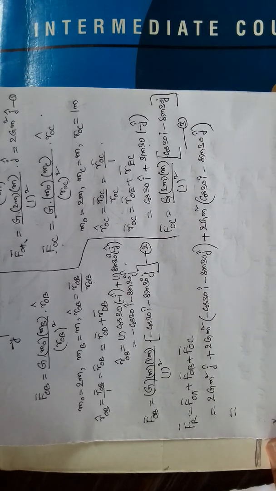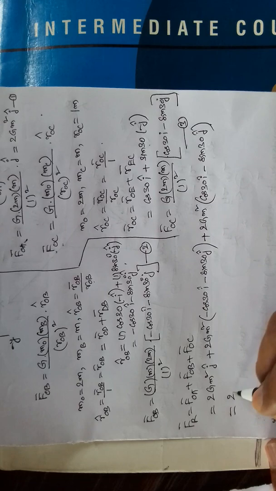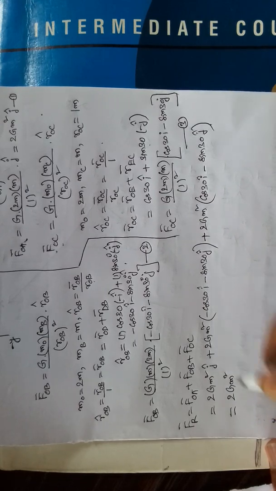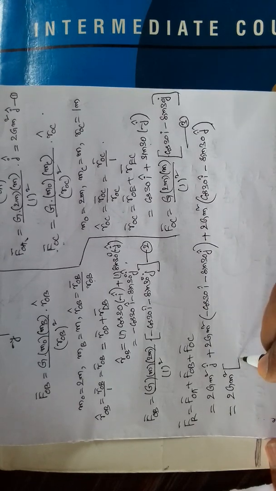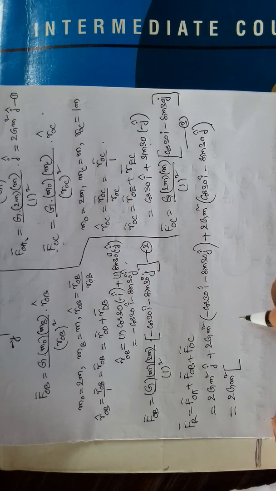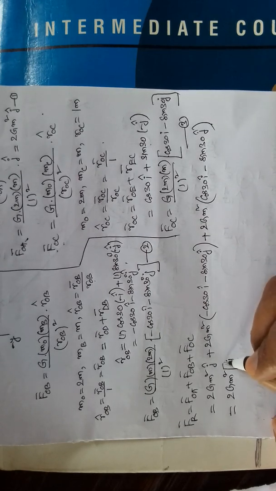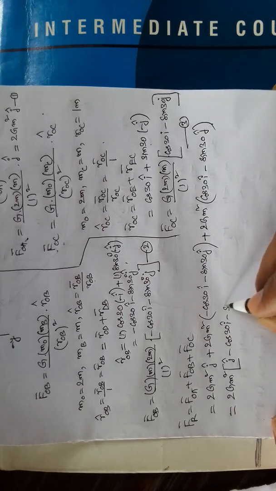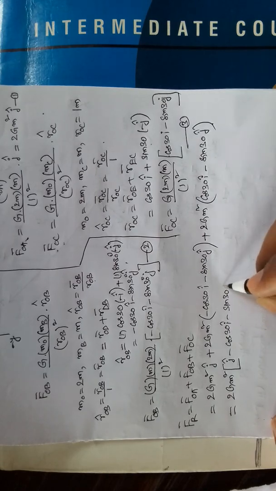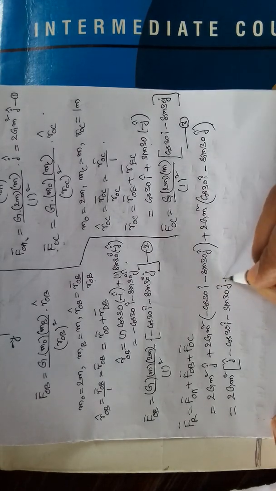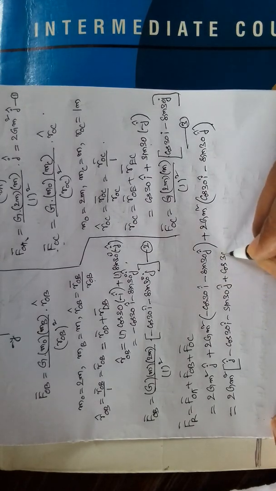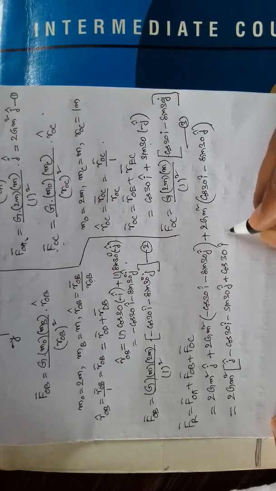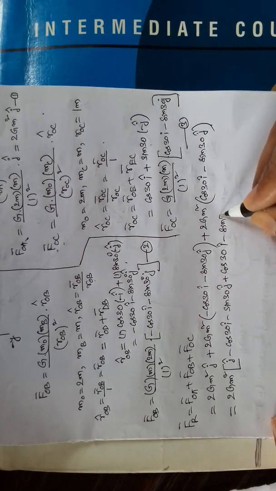Now we can take 2Gm square common: plus j, minus cos 30 i minus sin 30 j, plus cos 30 i minus sin 30 j.